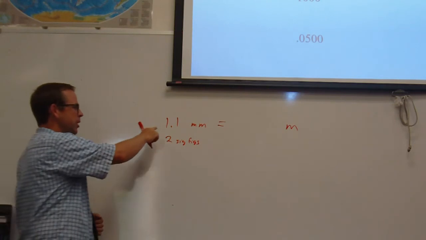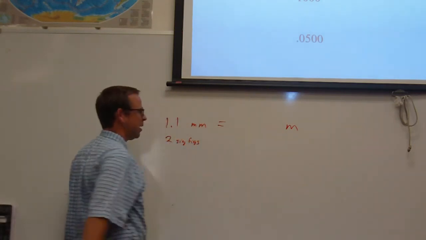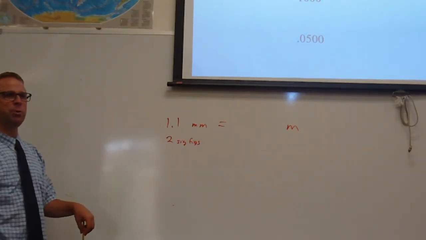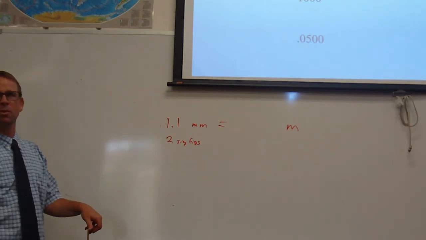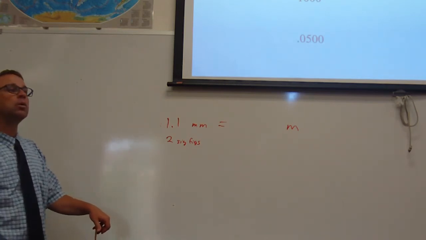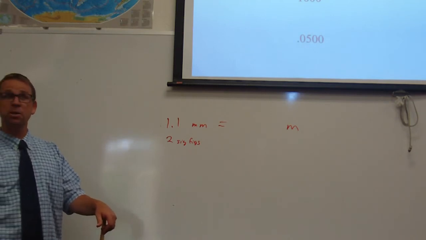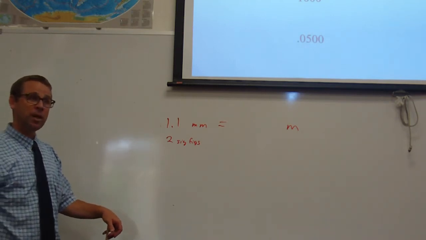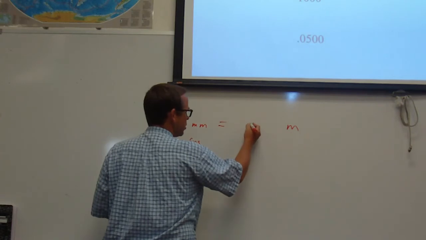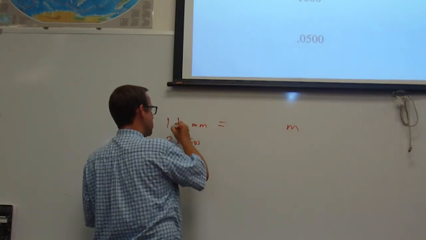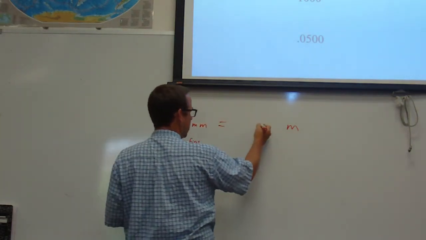So, if we're converting this to meters, what does the decimal place have to do? Move over how many times? 3. Because there's how many millimeters in a meter? 1,000, right? 3 zeros. So is it going to go to the right or to the left? To the left.